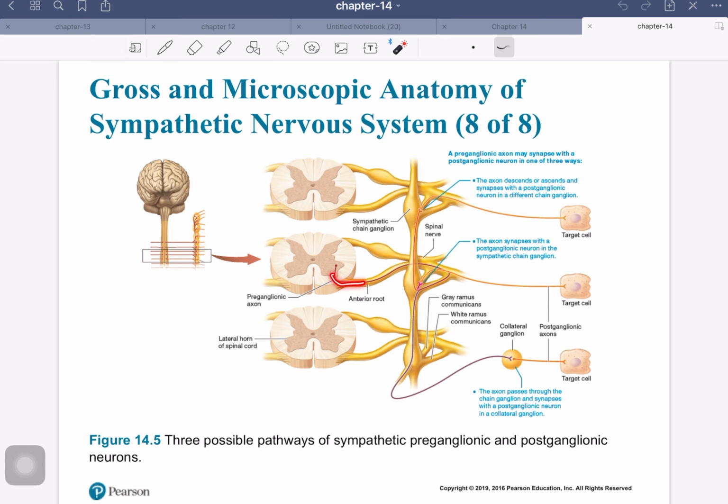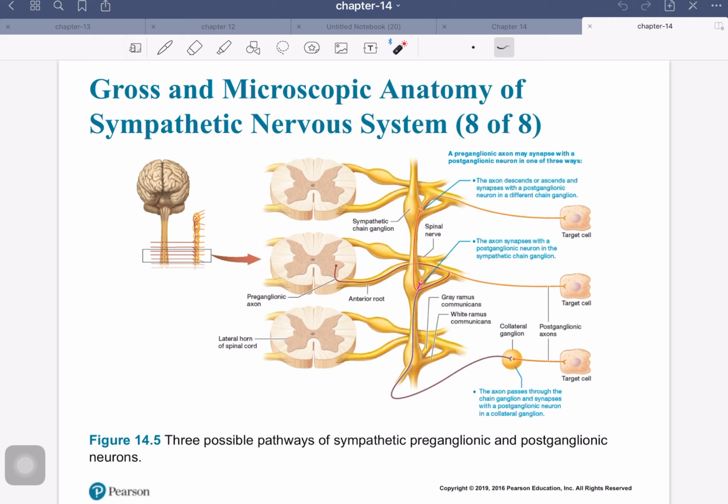Well, you do enter the chain, you use the chain as a route, but you don't synapse, and then you leave the chain without synapsing, which means you're going to have a ganglion somewhere outside the sympathetic chain. So something like the collateral ganglia. And you synapse there, and then the postganglionic heads to its target.